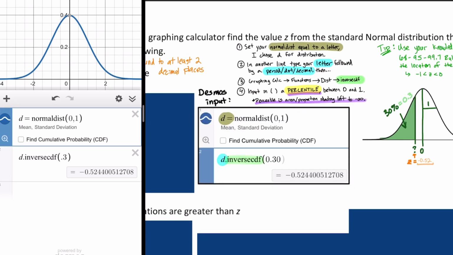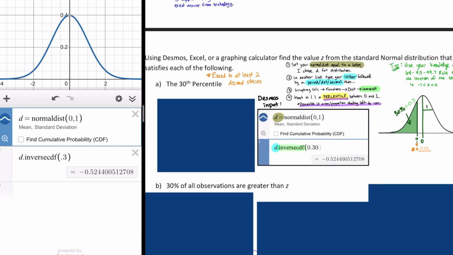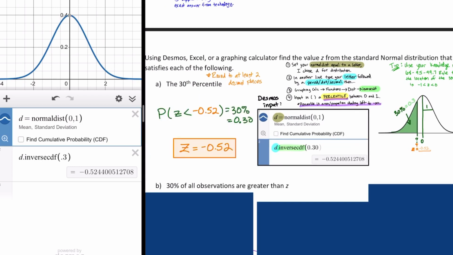I've highlighted our steps corresponding with my directions, and we get our -0.52. So just to be clear, what this tells us is that the probability that z is less than -0.52 is 30%. So the answer I'm looking for is that z is -0.52.